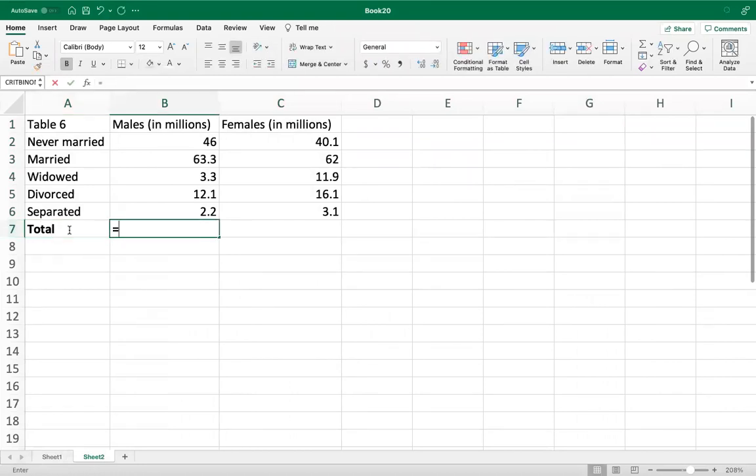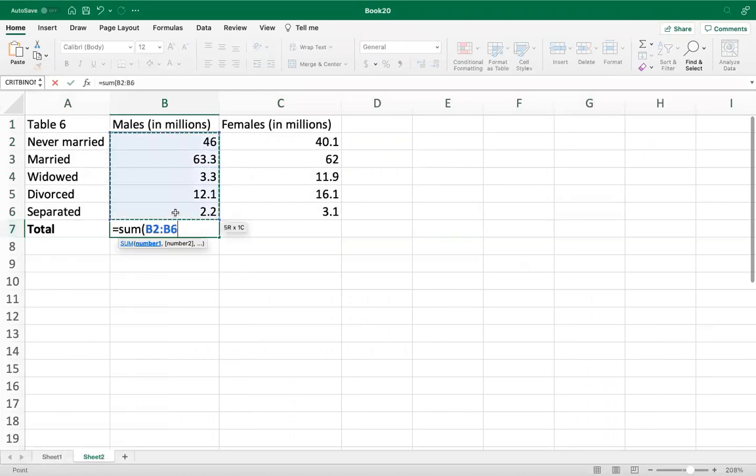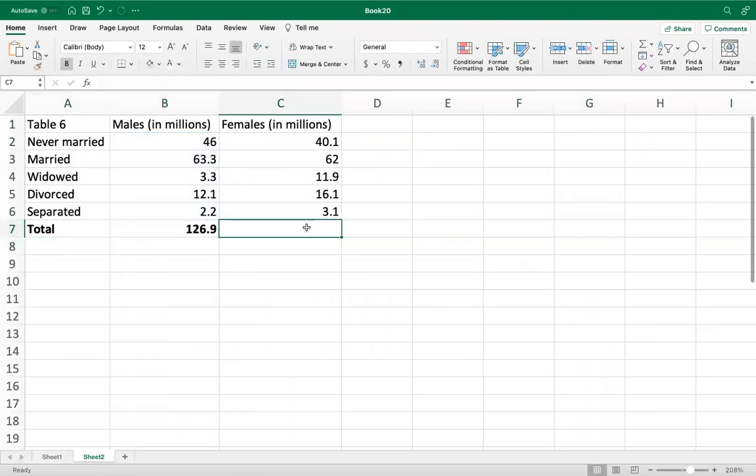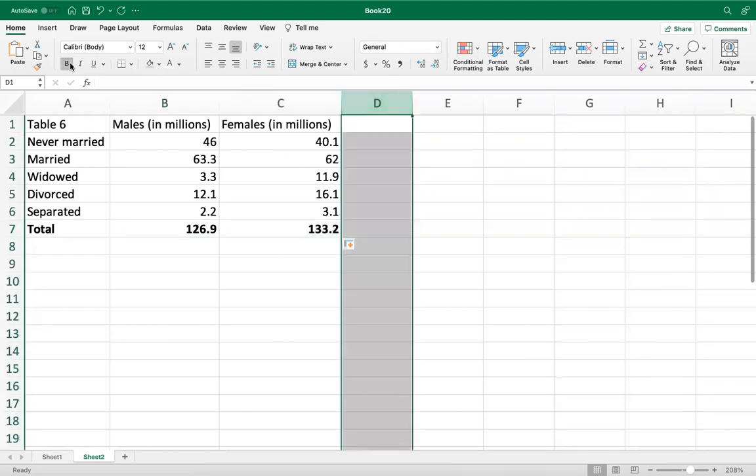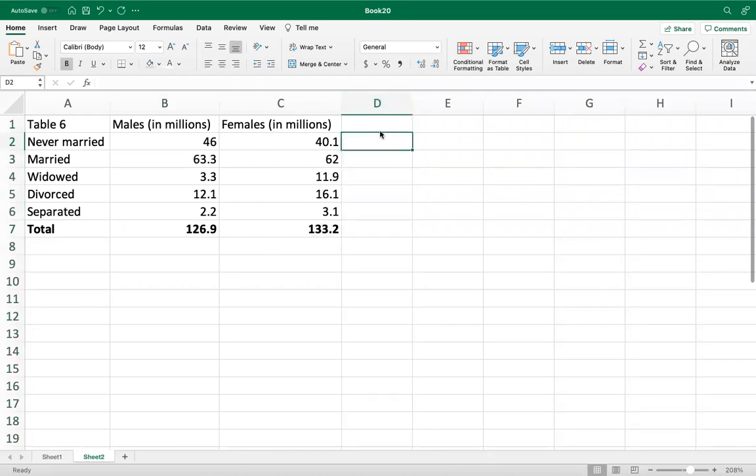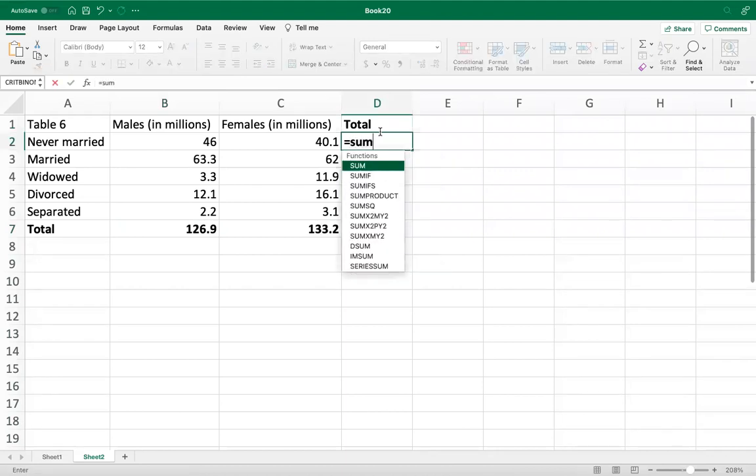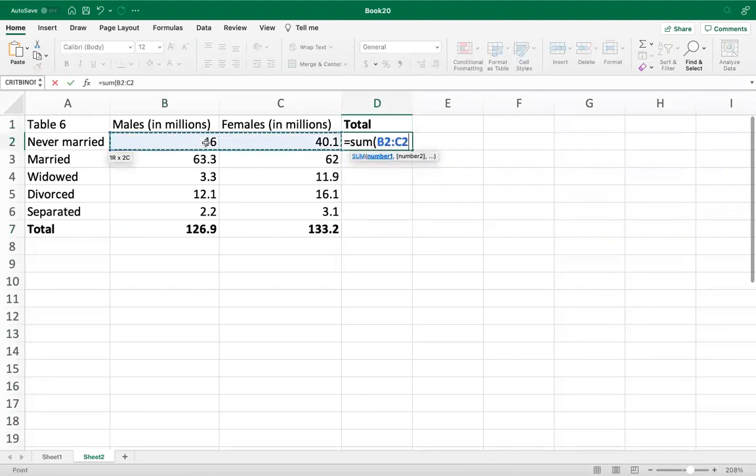And here, this would be equal to the sum of these. And same thing here. So the sum of the females versus the sum of the males, and same thing here. So equal to the sum of these two.